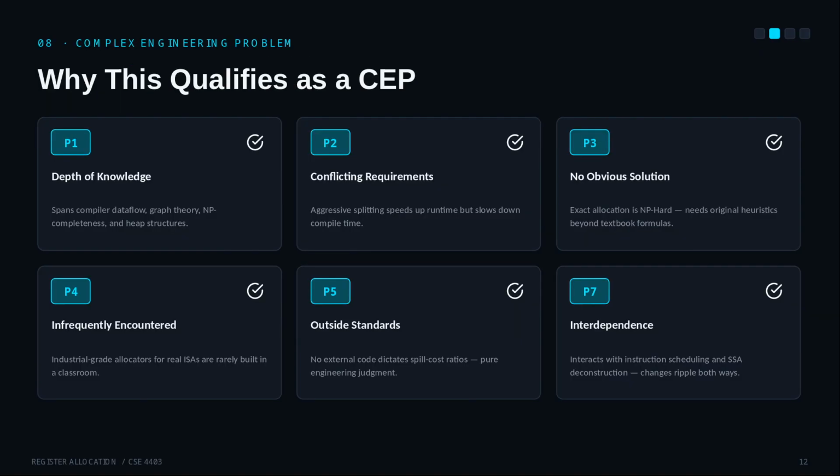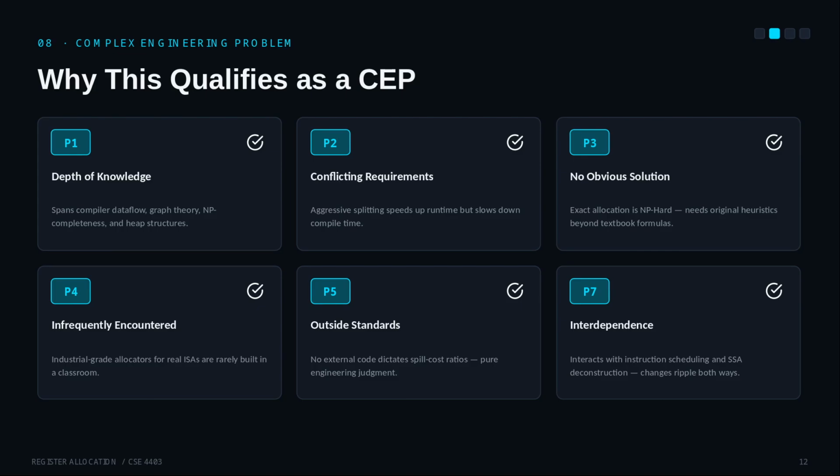Why does this qualify as a complex engineering problem? It needs very in-depth knowledge of compilers, data flow, graph theory, priority queues and heap structures. It has conflicting requirements: aggressive splitting speeds up runtime but slows down compile time. It doesn't have an obvious solution as it's an NP complete problem.